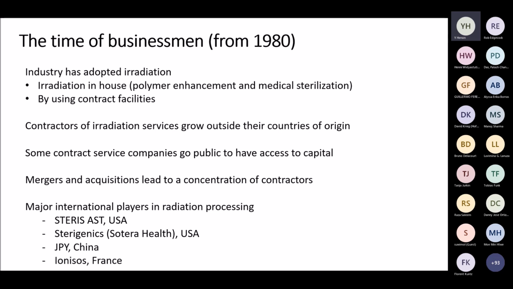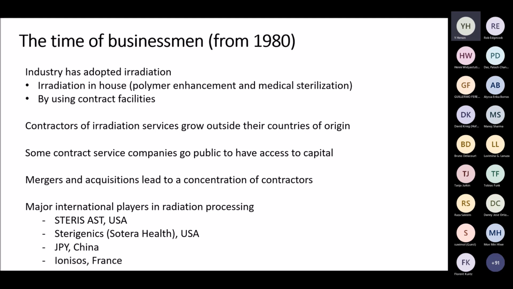And another market was contract facilities for those who did not have enough volumes to process, not enough at least to justify having their own facility. So a business of contract services for irradiation developed across the world.